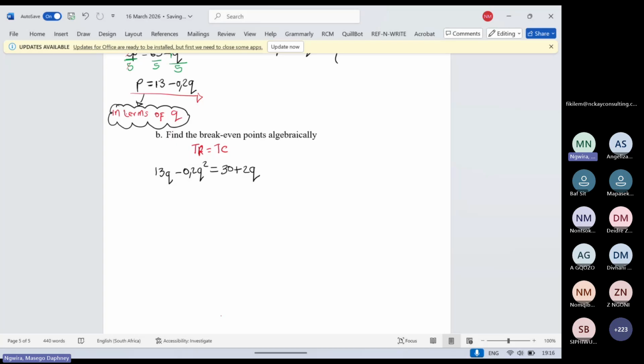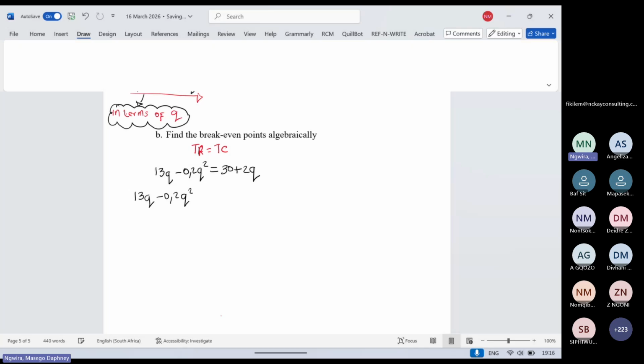On this one, if you can see we only have two like terms, the rest are not like terms. So what I'm going to do is bring everything to my left-hand side because I need to solve for Q. So this is going to be 13Q minus 0.2Q squared.